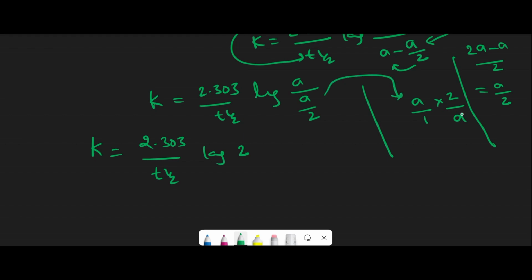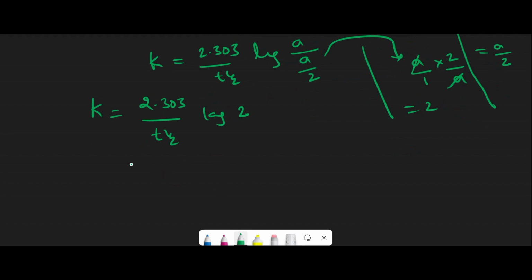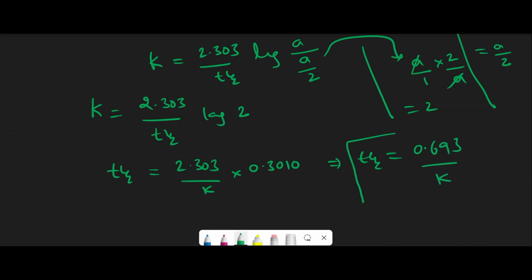Clear? You can observe the simplification here. Therefore T half equals 2.303 by k log 2. We know the log 2 value is 0.3010. Therefore, upon simplifying, we will get 0.693 by k.